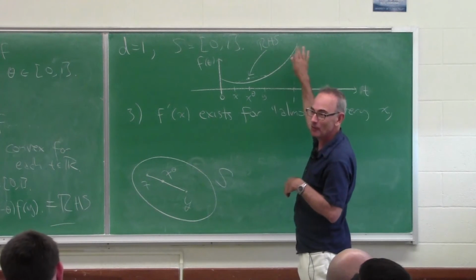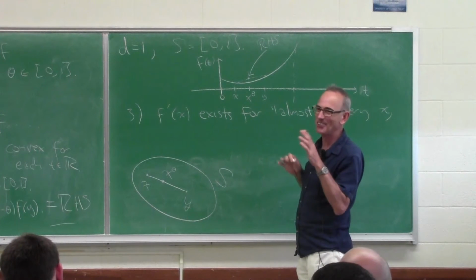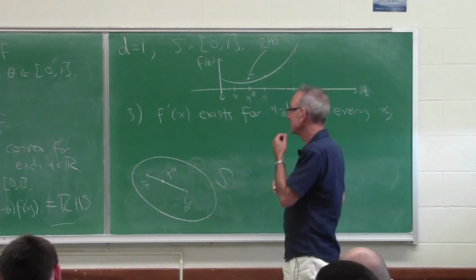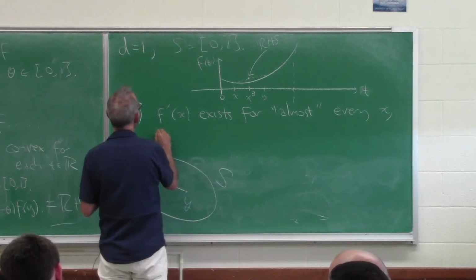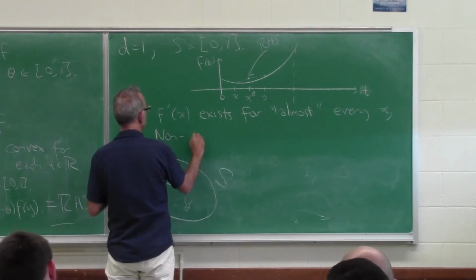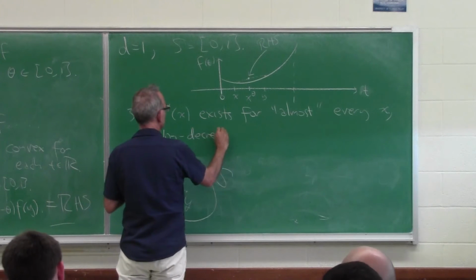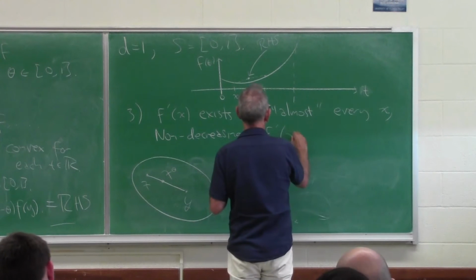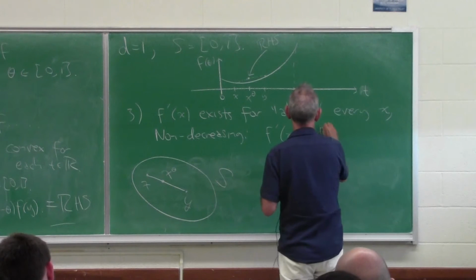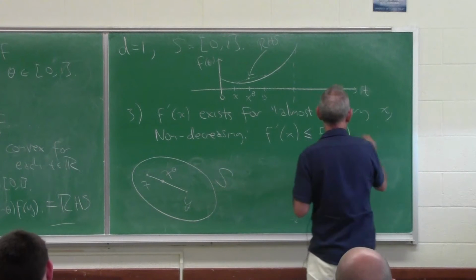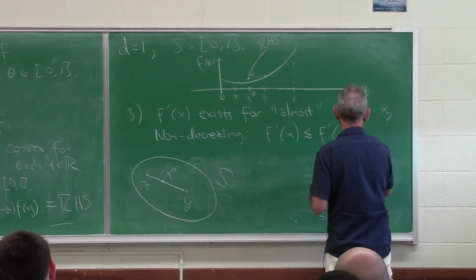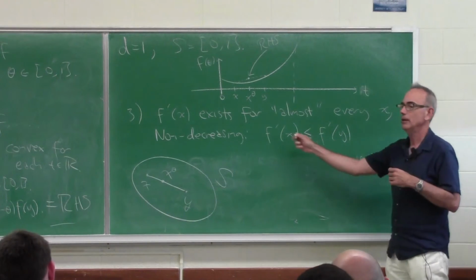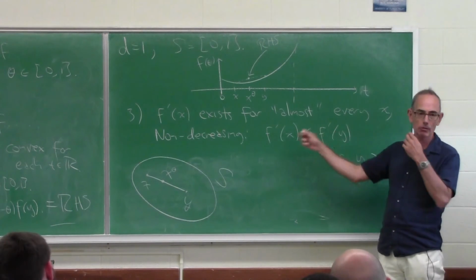There could be a couple of corners, but it's just one or two. It's hard to make this precise, but you can make it precise in a very, very strong sense. And it's non-decreasing. So if y is greater than or equal to x, then f prime of y is greater than or equal to f prime of x.